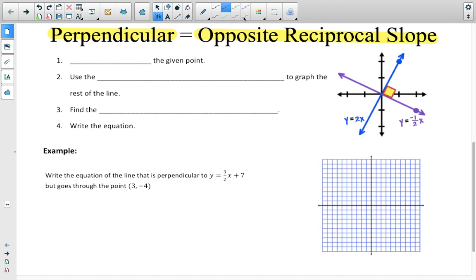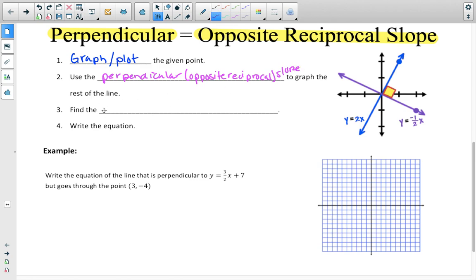So we're going to do the same thing. We're going to graph or plot the given point. We're going to use the perpendicular, which is opposite reciprocal slope, to graph the rest of the line.